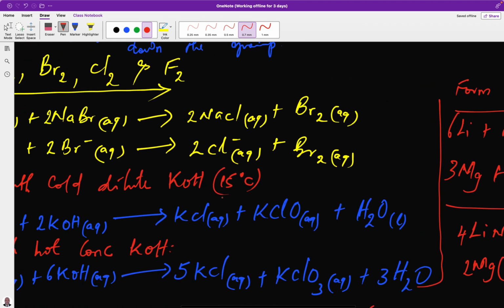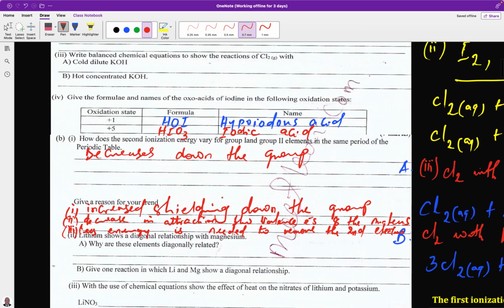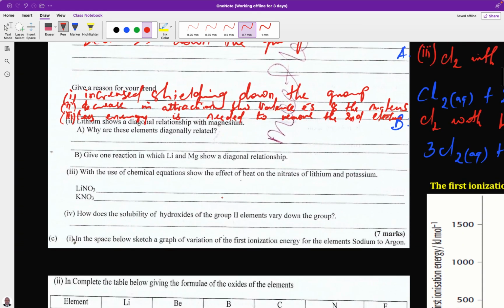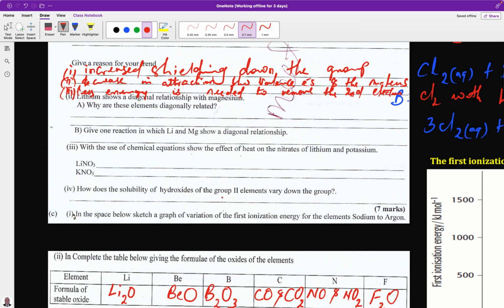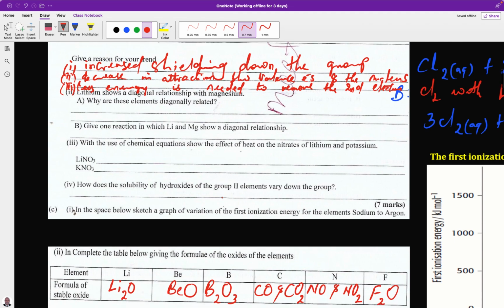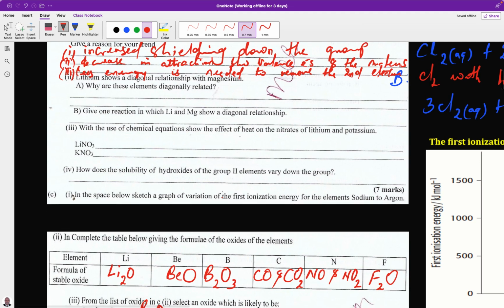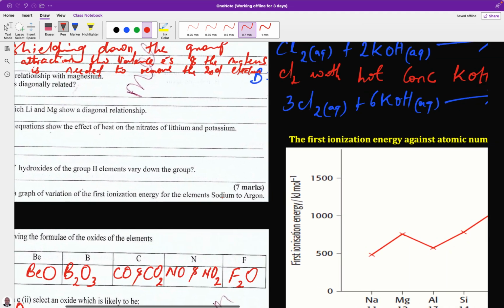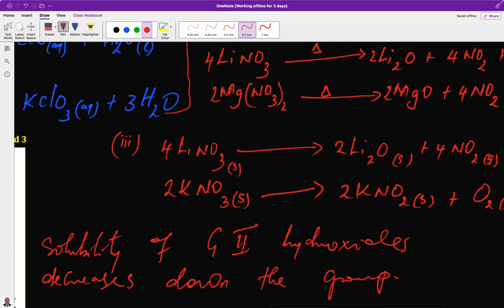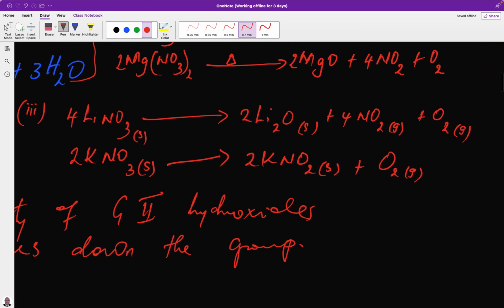Then, went further again, give the reaction with the use of chemical equations to show the effect of heat on nitrates of lithium and potassium. Lithium nitrate, when heated, will decompose to give lithium oxide and nitrogen dioxide plus oxygen.